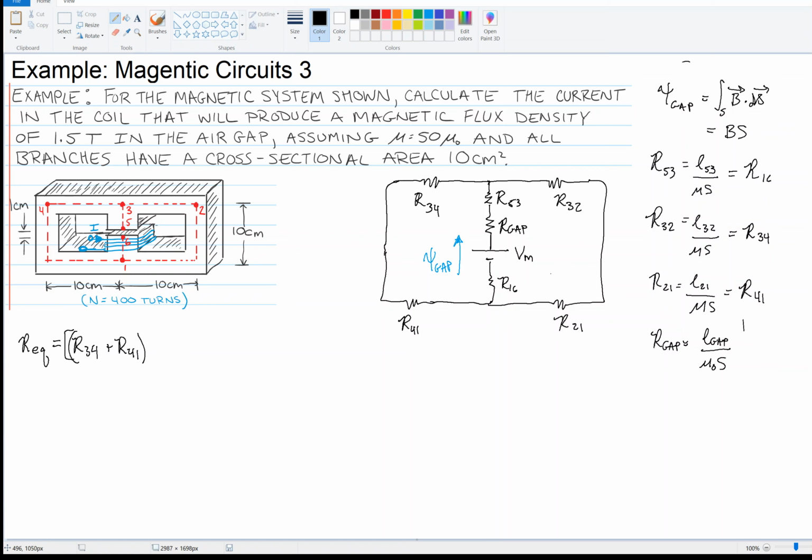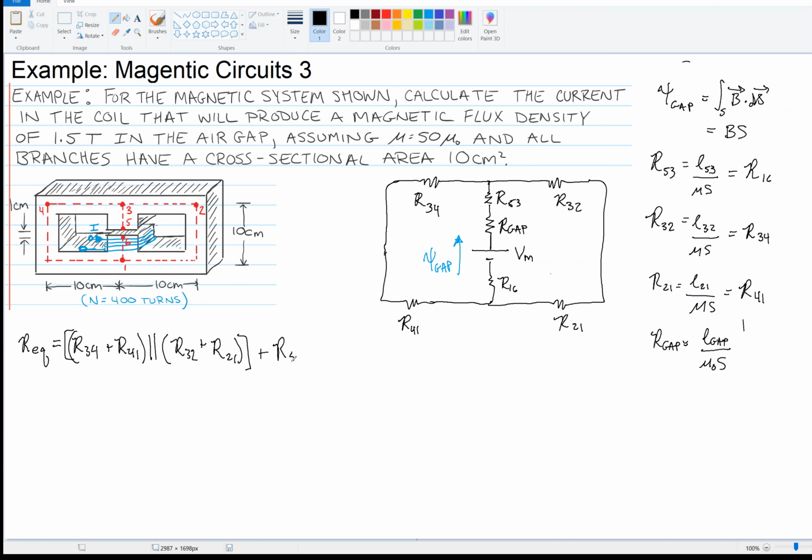And then that actually is in parallel with the series combination 3/2 and 2/1. Okay, and then once I combine those 4 reluctances like I have, those are in series with the remaining reluctances.